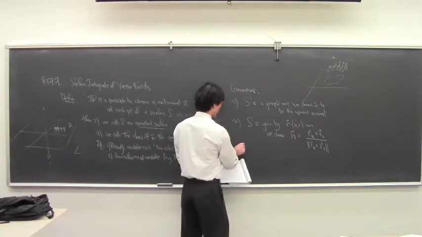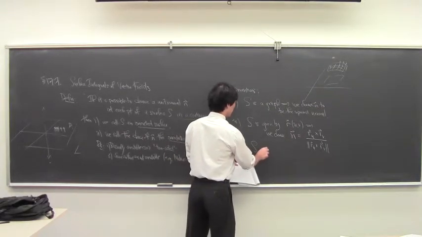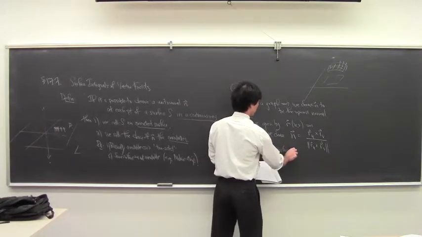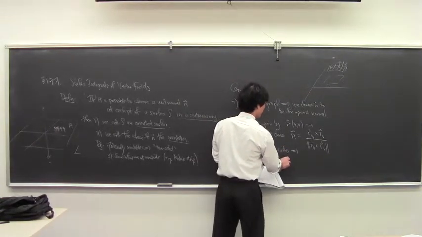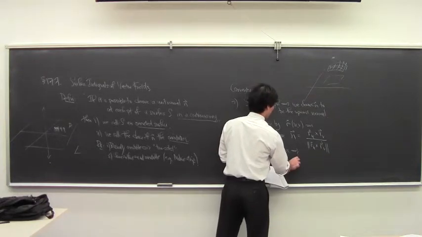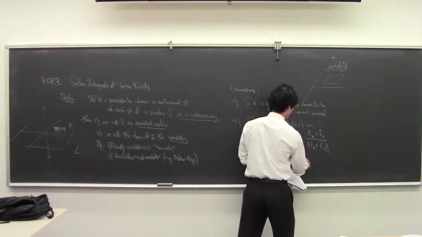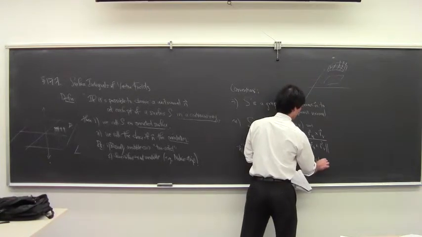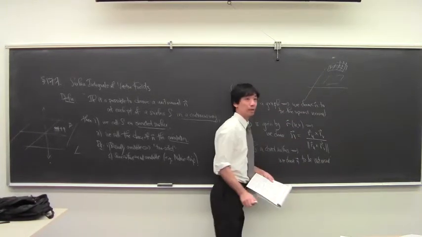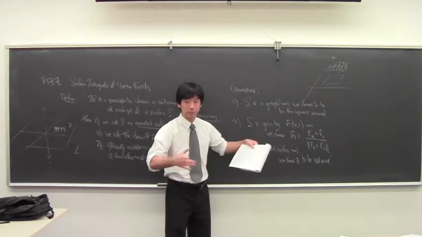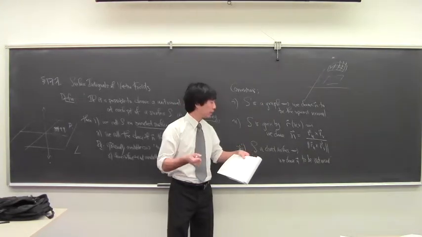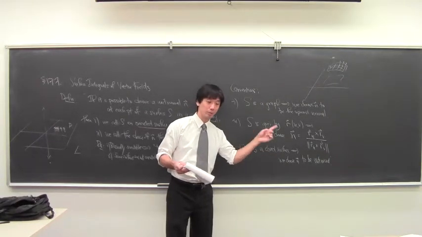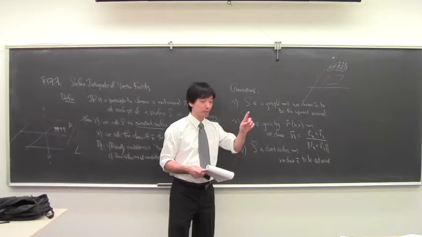Number 3, for S a closed surface, we're always going to choose n to be the outward normal vector, rather than an inward. So if we have a sphere, then the orientation we choose will be the one where the normal vectors are pointing out.